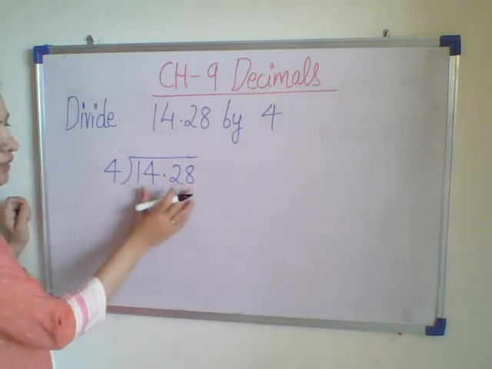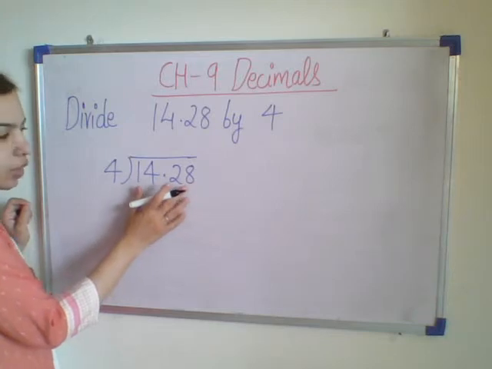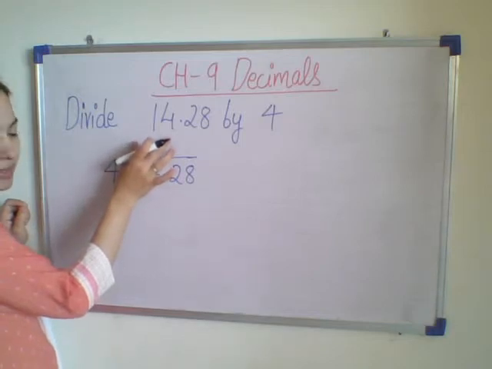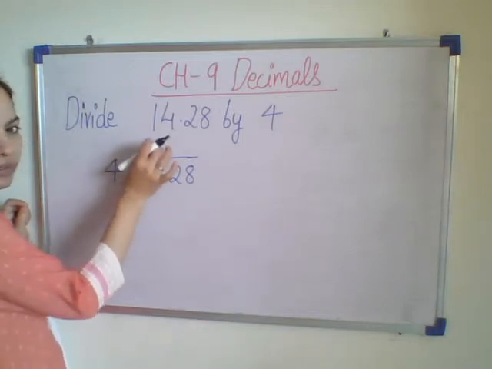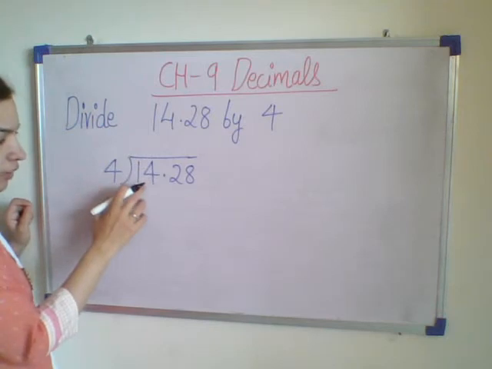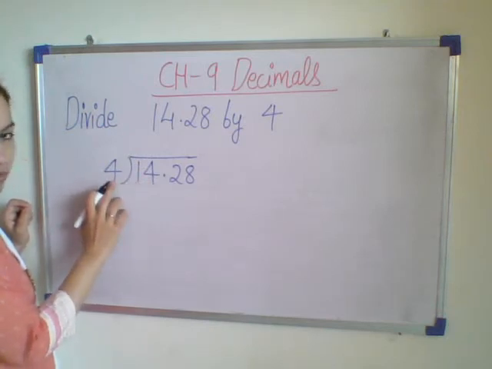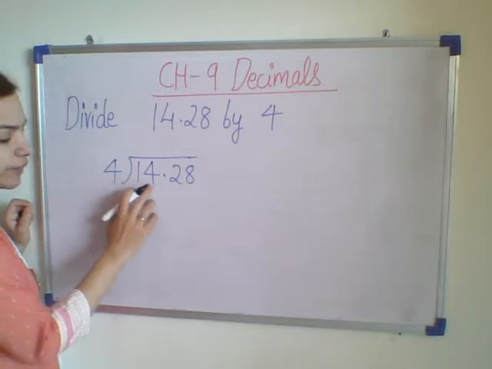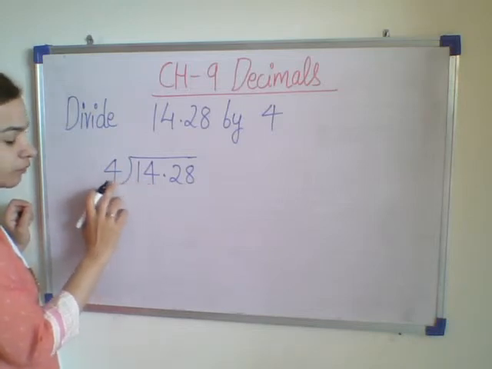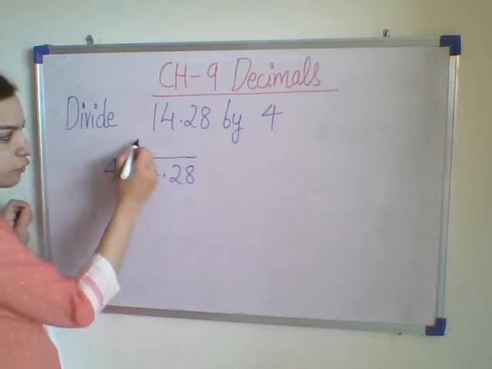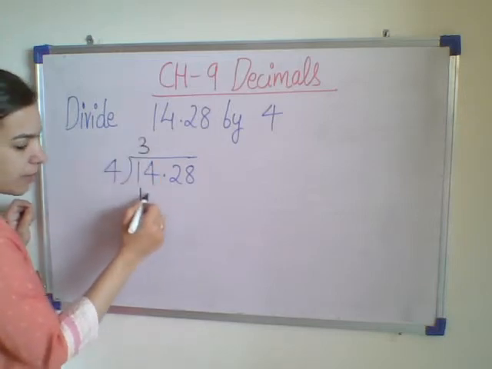Now we have to divide this decimal number normally as we used to divide numbers, and in the quotient, the answer that is obtained, we just place the decimal. 14: 1 is smaller than 4, so it cannot be divided, so we take this 4 also. So 14 we divide by 4, so 4 3s are 12.